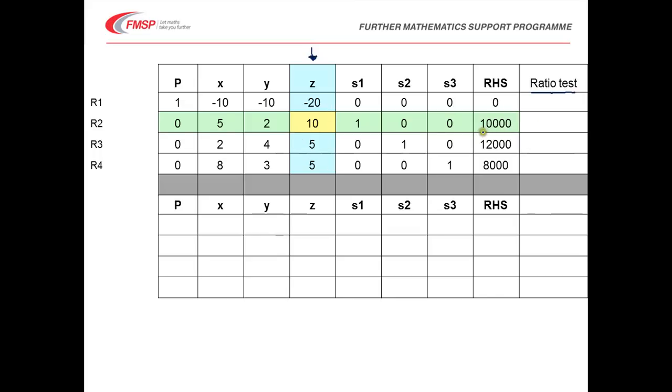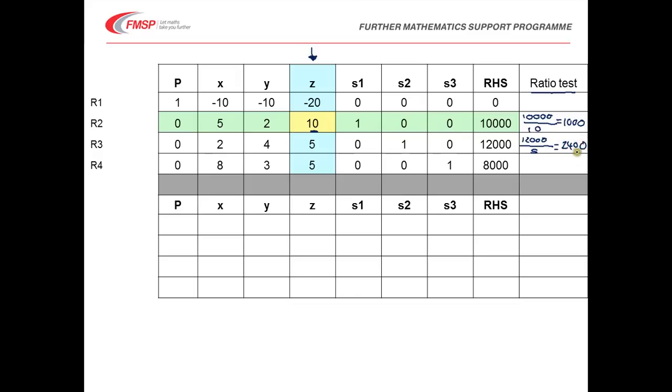And the ratio test takes the right hand side and divides it by the coefficient of Z. So 10,000 divided by 10, which gives us 1,000. 12,000 divided by 5 will give us 2,400.